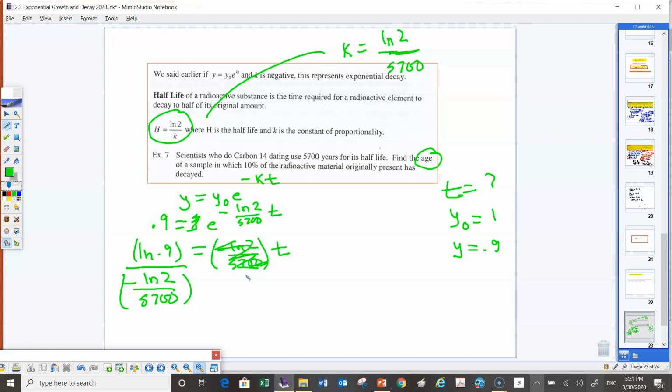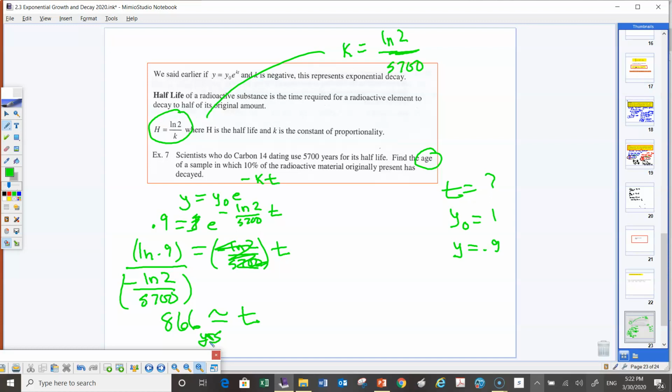So if I work this out, I get ln 0.9 divided by negative ln 2 divided by 5,700, and this works out to be approximately 866 years is going to be how old the age of the sample is.